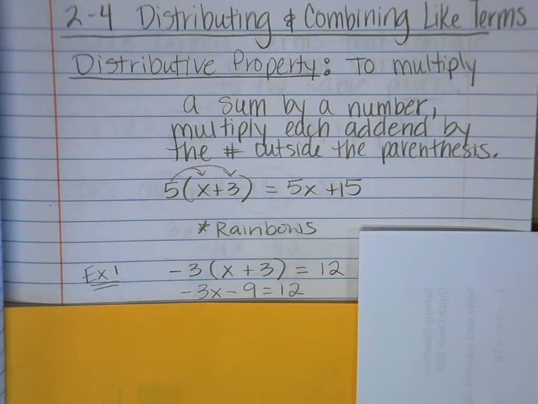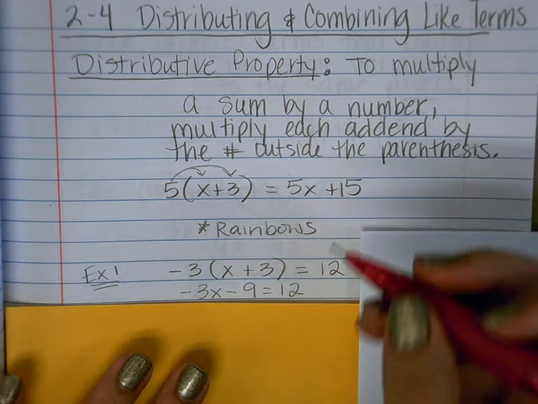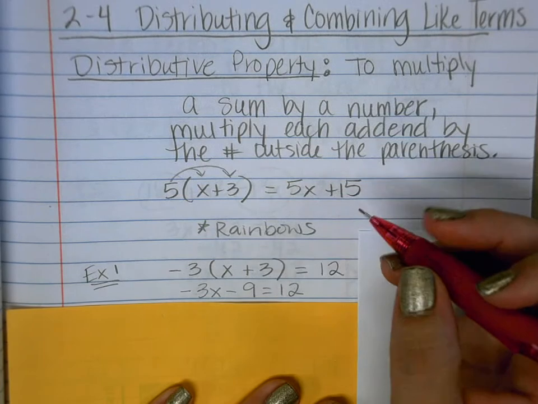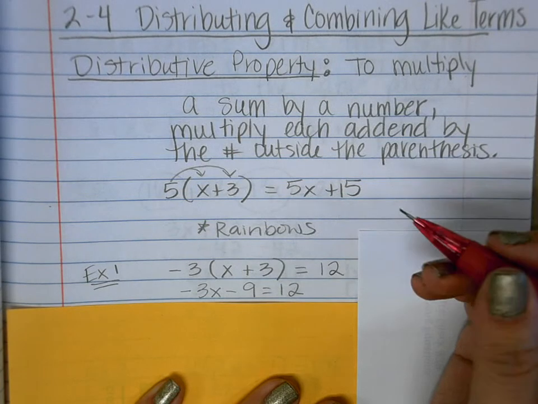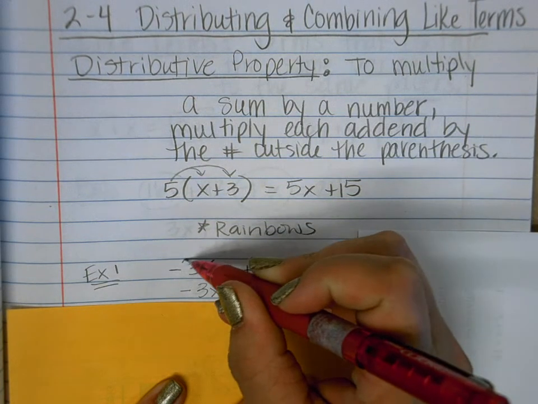So you can see that negative carries through, right? You see how that went through? So it becomes a negative 3x minus 9. Some people put plus 9 there and they're wrong. Then you get the whole problem wrong and you go back to check your answer and you're like, what did I do? So draw rainbows.